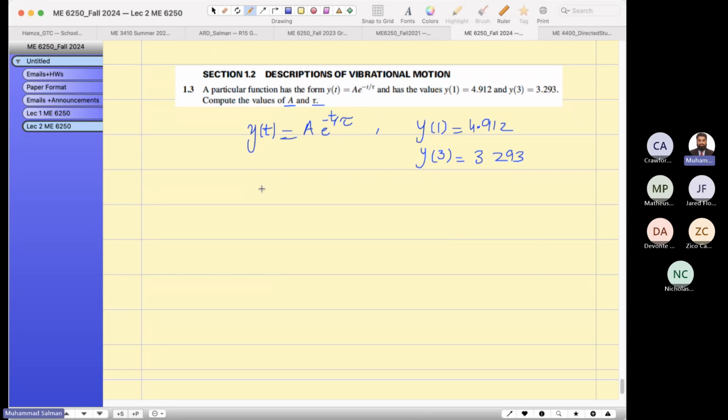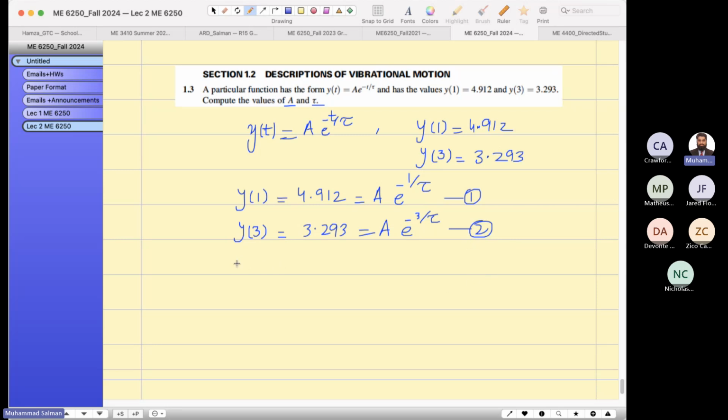So you have two equations, two unknowns, correct? So y at time t equals 1 second is 4.912. That is a e to the negative t over tau, with t equal to 1 second, and this is equation 1. And for t equals 3 seconds, y is 3.293, a e to the negative 3 over tau.